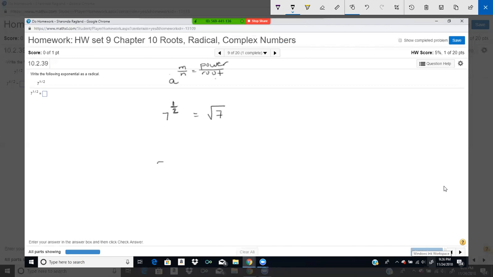Same thing if I had like 7 to the 2/3. That would be power over root. So I would be dealing with the cube root of 7 squared, or I can write it as the cube root of 7, squared. But I can't simplify this anymore because this is a 3 and this is a 2.